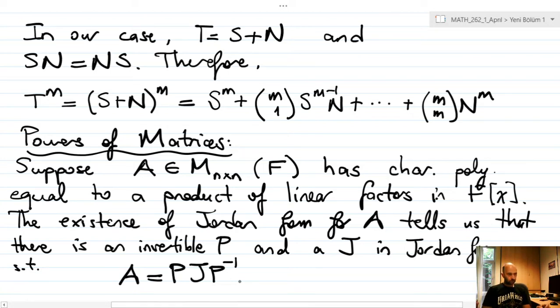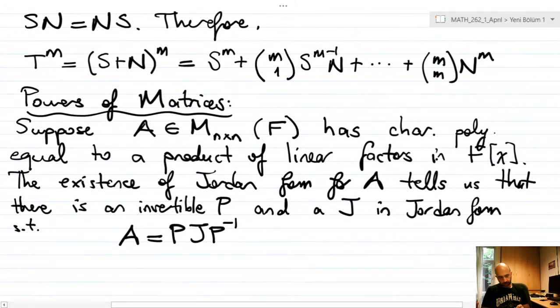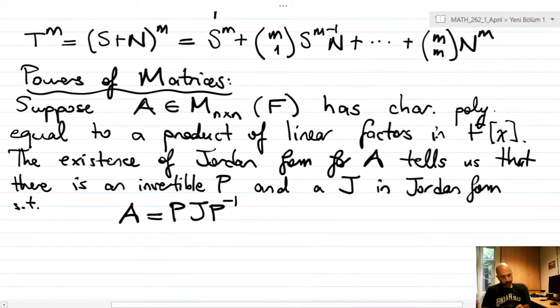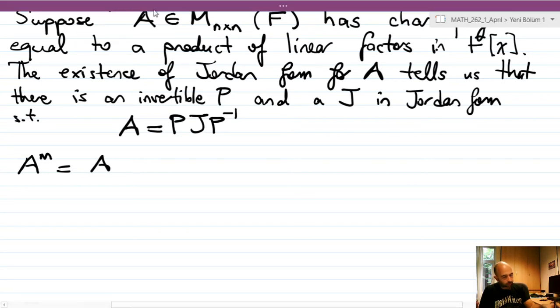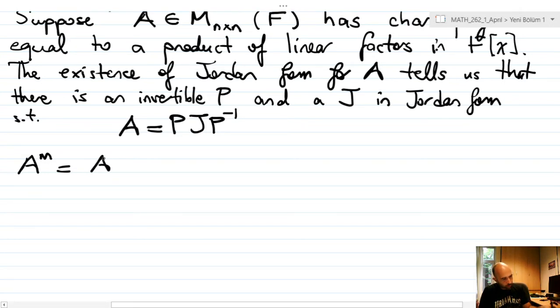Now, suppose we want to compute some power of A. We already talked about this when A was diagonalizable, but let's generalize now. A to the power m is simply, sorry, this should be (P J P inverse) to the power m.